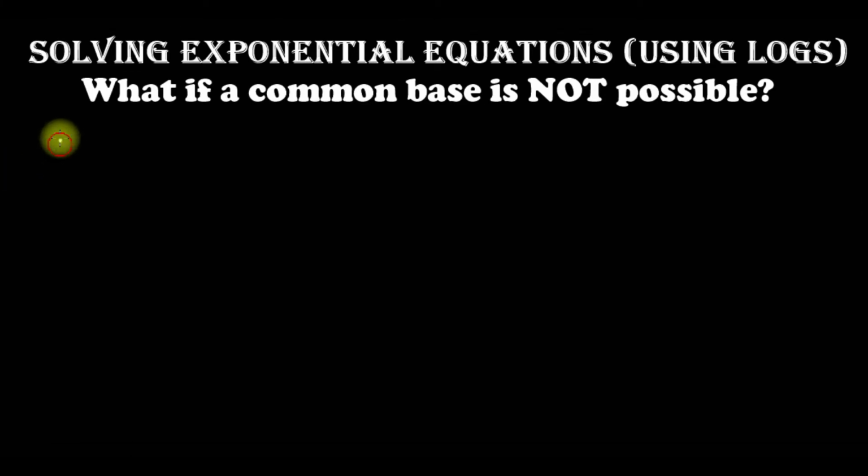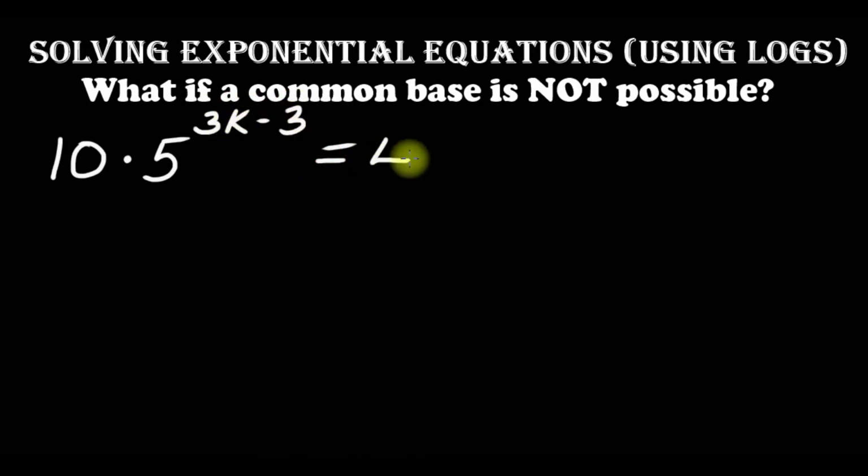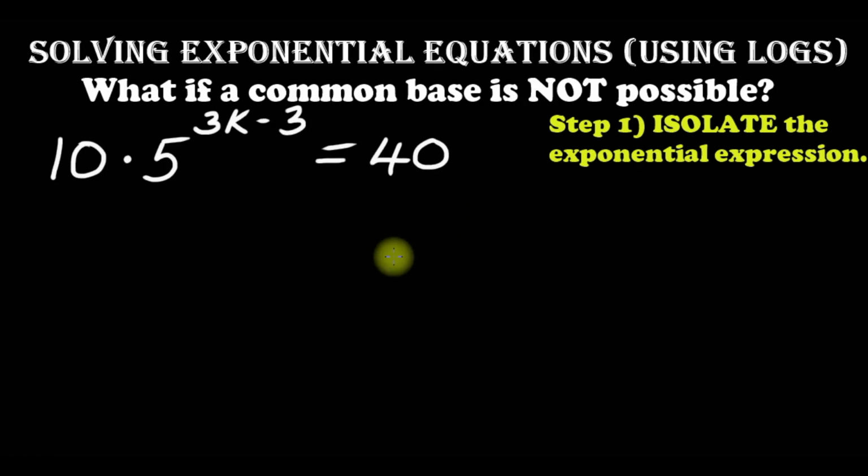Okay, so here I have 10 times 5 to the 3k minus 3 is 40. And then I would like to solve for k here. So the first thing I have to do is to isolate the exponential expression.